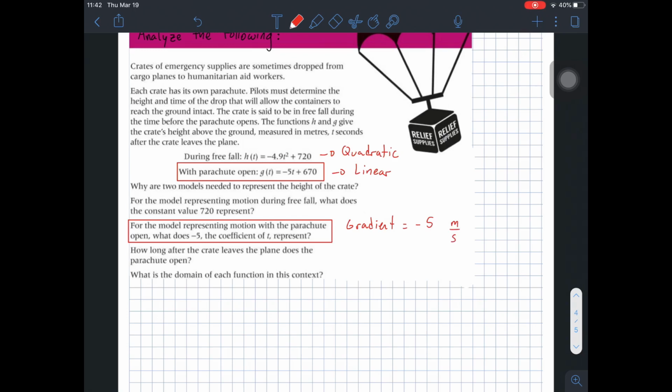That is, the crate would fall 5 meters for every second that passes. That's what the -5 represents. Negative because it's falling, and the value 5 means that it's falling 5 meters per second. Okay? Meters per second. So that's what this coefficient represents.